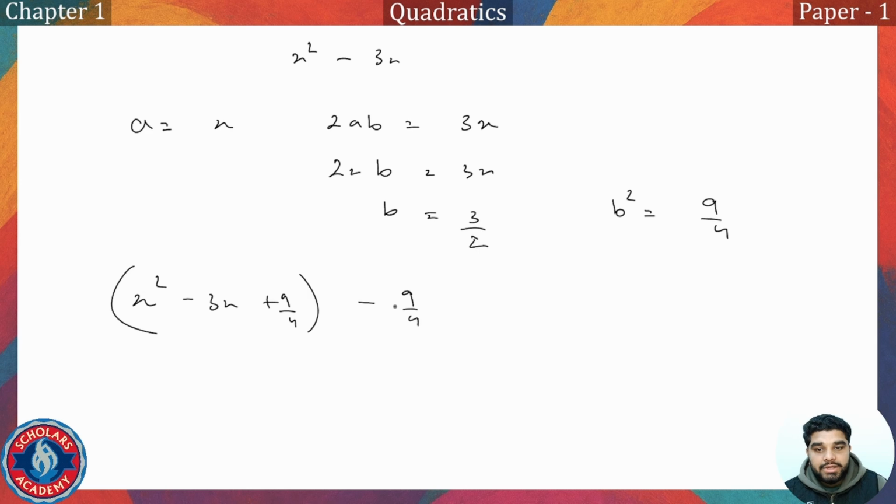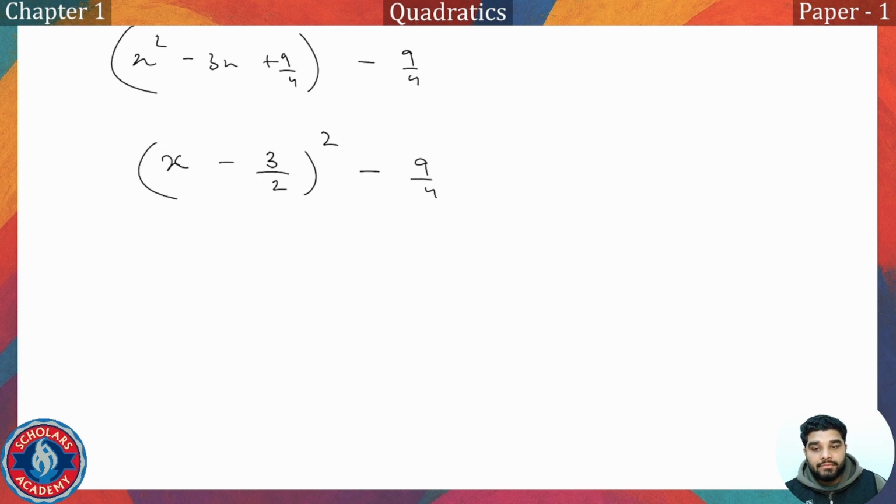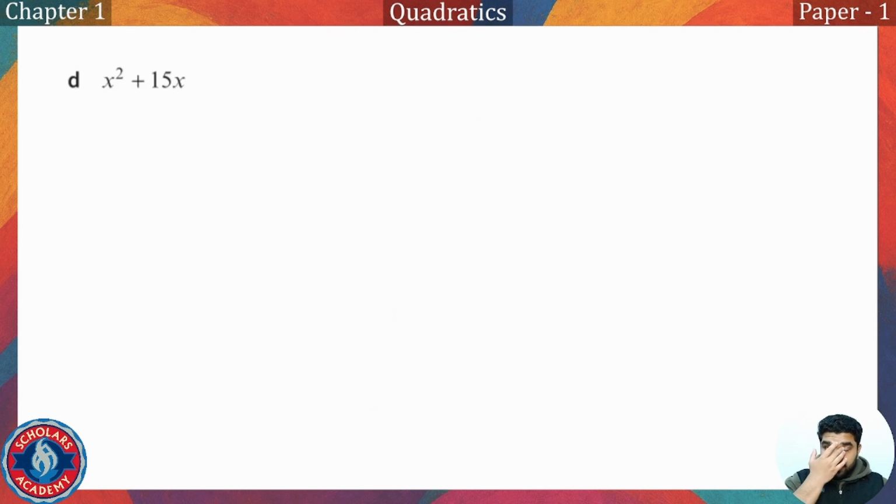So by this way we get our whole square, that is x minus, because this is the 2ab term, that tells us which whole square it is. So x minus b, and this is b square. So b is root of this, that is (x - 3/2) whole square minus 9 by 4. I hope it is clear now.